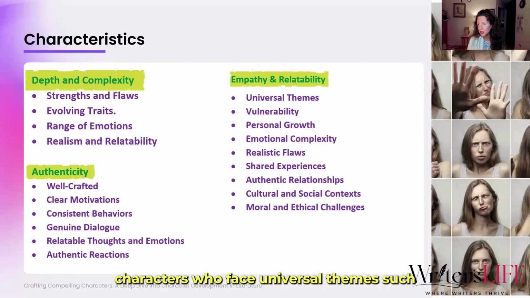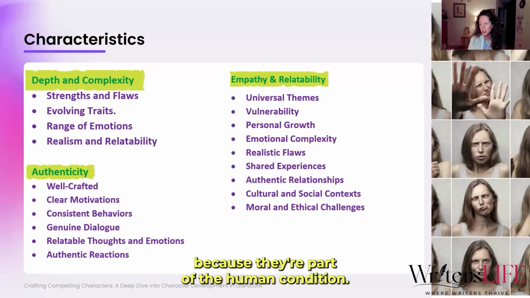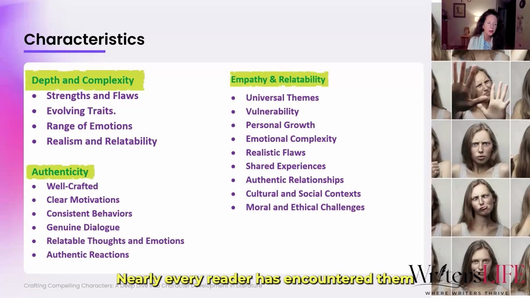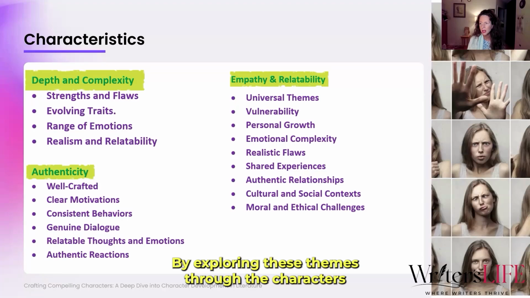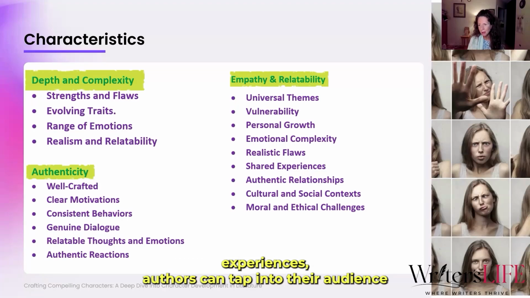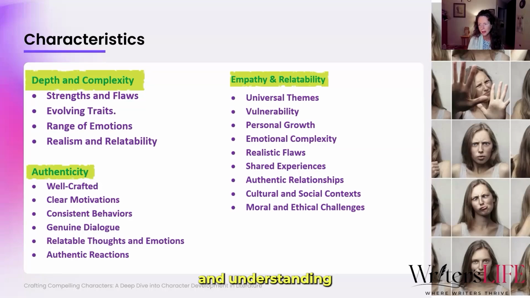Universal themes. Characters who face universal themes such as love, loss, identity, and moral dilemmas are relatable because they're part of the human condition. Nearly every reader has encountered them in some form. By exploring these themes through the characters' experiences, authors can tap into their audience's shared emotional landscape, building empathy and understanding. Vulnerability is very important.